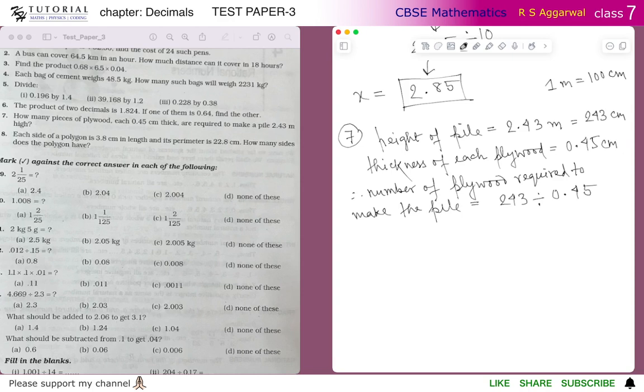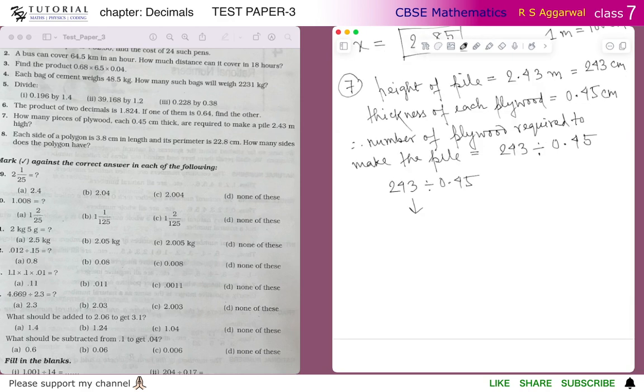So this is what we have to compute. So 243 divided by 0.45.